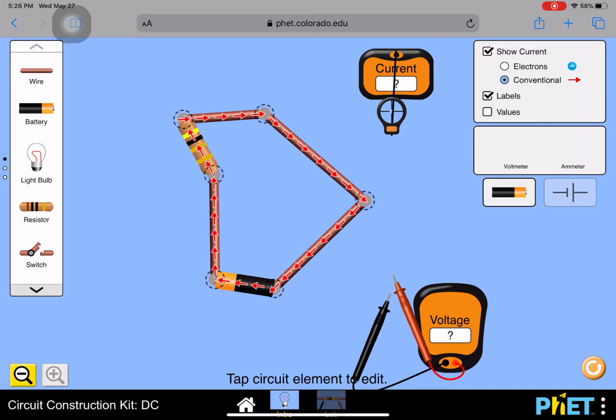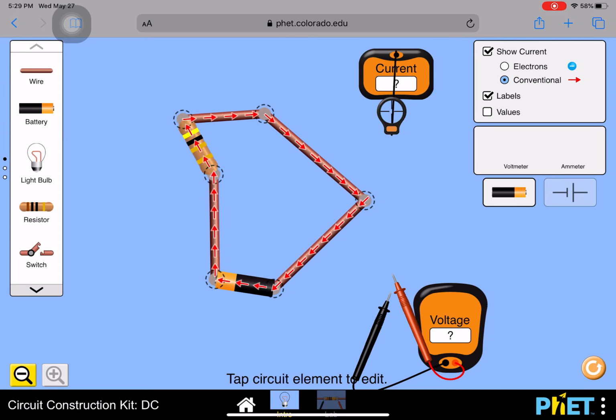And it really doesn't matter, but we as physicists and engineers, we keep utilizing that conventional method in order to keep things consistent. In actuality, we know that electrons are actually flowing in the opposite direction.